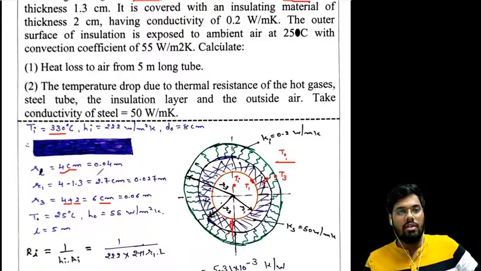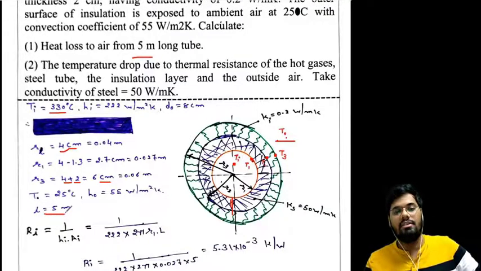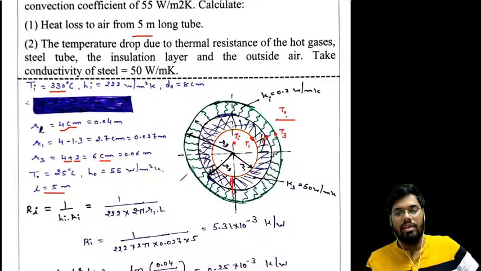What we need to find out is the heat loss to air from a 5 meter long tube, so the length of the cylinder is also given. From Ti to To, first there would be a convection resistance, because from the gas to the inside surface of the cylinder heat transfer takes place by convection.